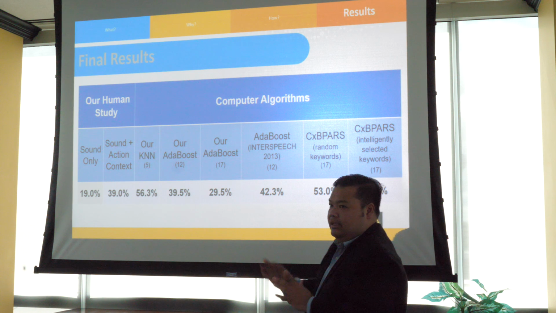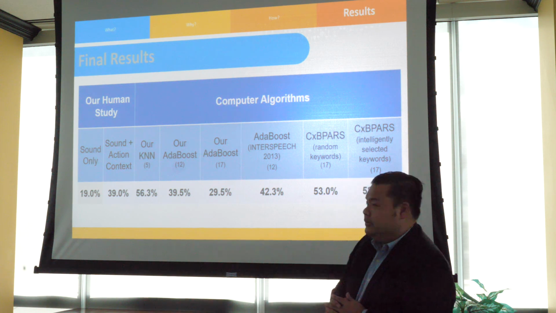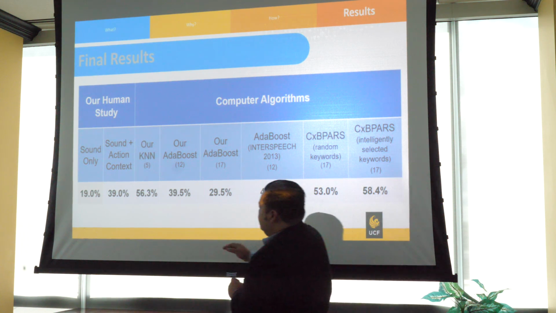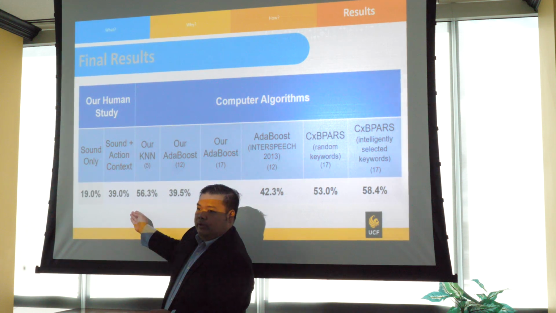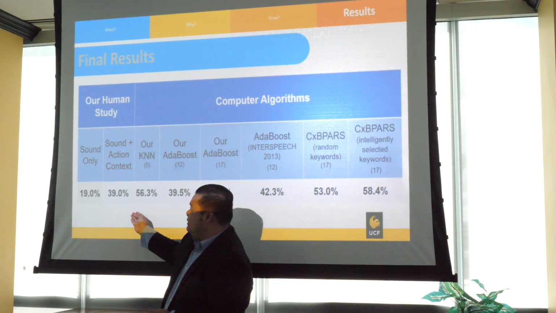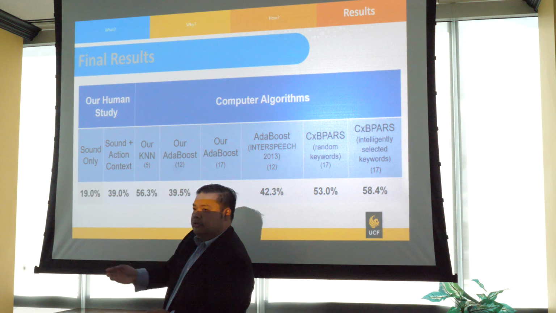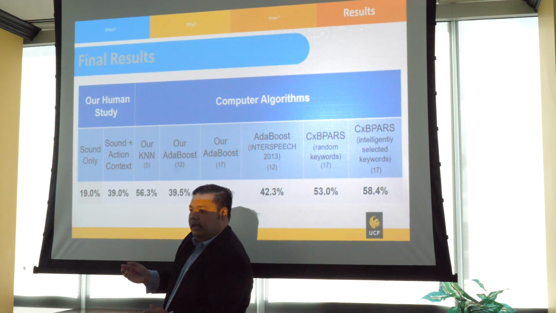So basically, in summary, what have we done? Initially, we ran the human study. The humans went through a 3-stage process. They listened to the audio files without knowing the context, given either the action or the relationship keywords for context.